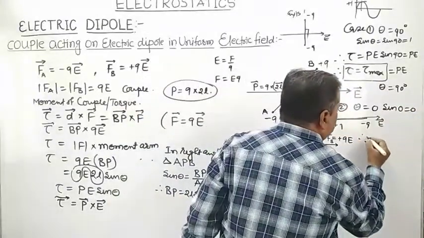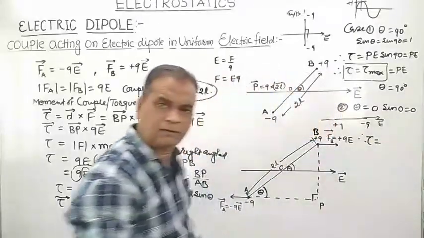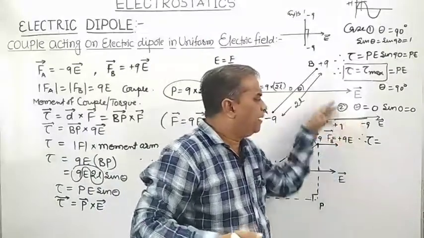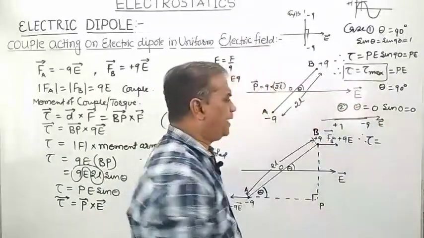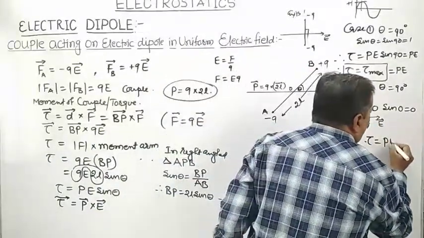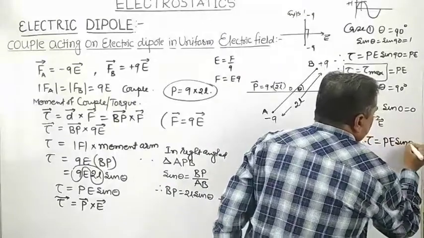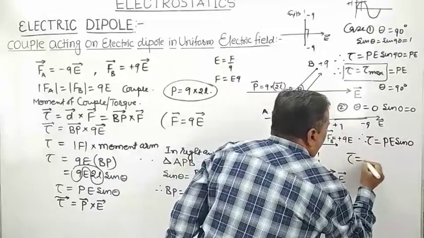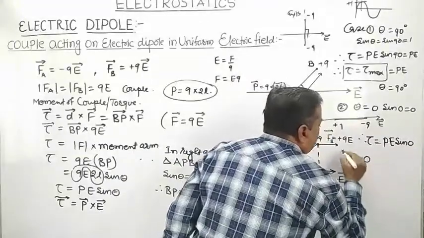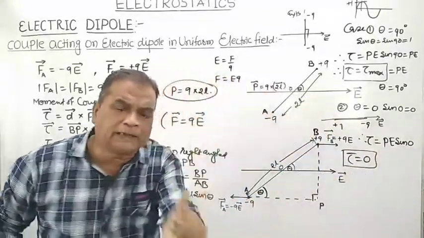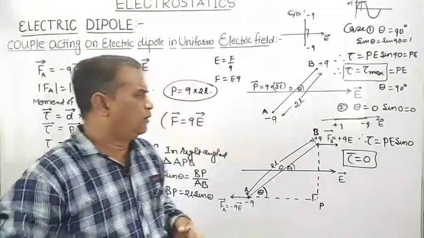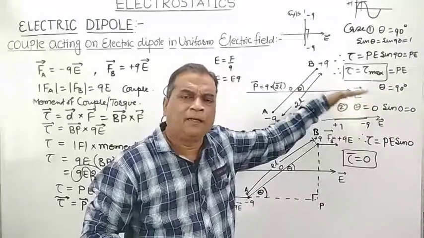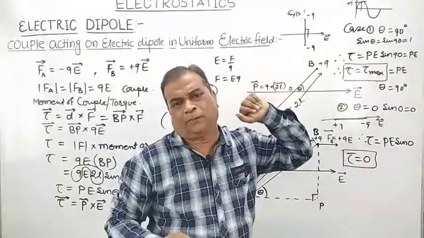Therefore, for this situation, the torque acting on an electric dipole kept parallel to the direction of electric field is τ = PE sin 0. Sine 0 is 0, which means the torque acting on the electric dipole is minimum or 0 whenever the electric dipole is kept parallel to the direction of electric field.